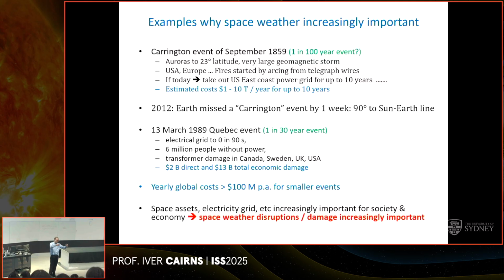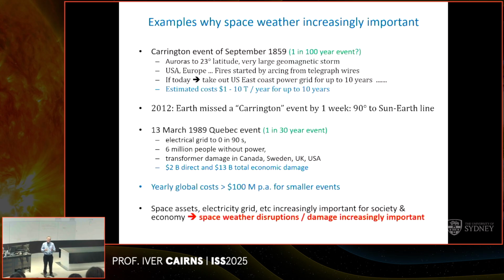You got electric breakdown in the air between the wire and the ground, got little lightning flashes, forest fires, all sorts of good things, and people were actually able to run the telegraph system with the batteries disconnected, just using power from the space weather event.